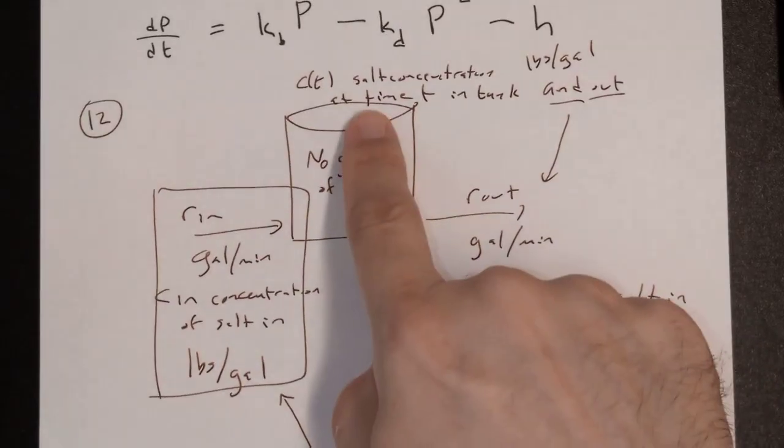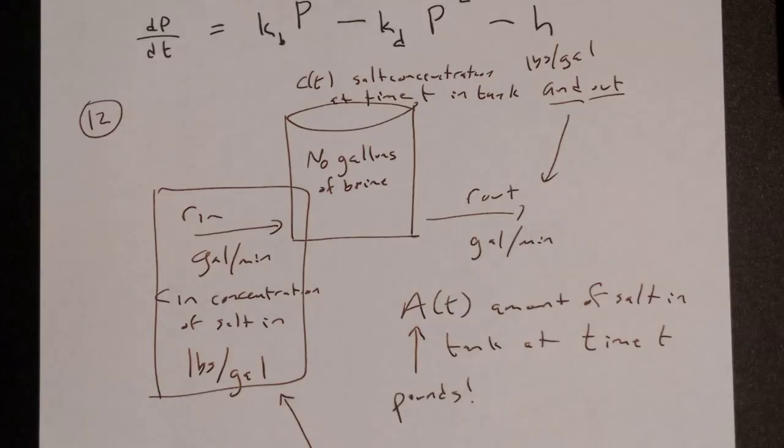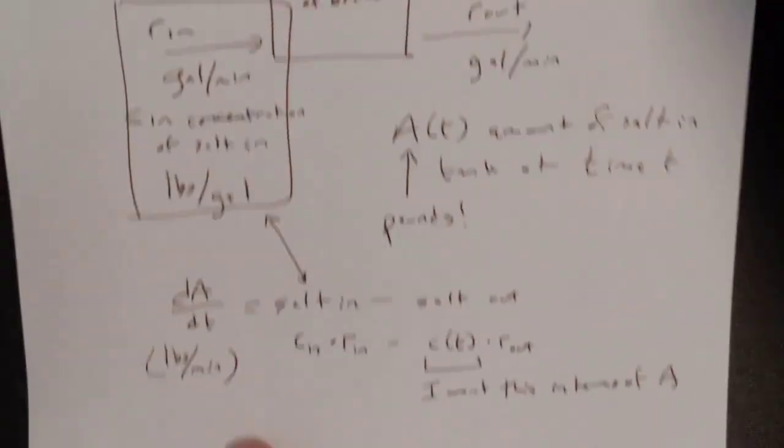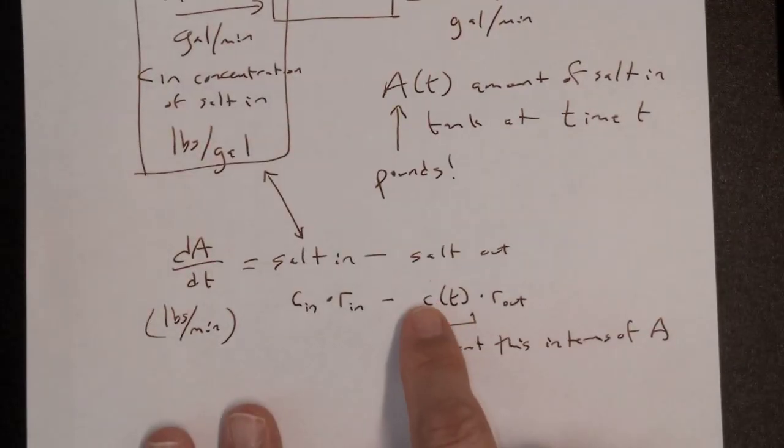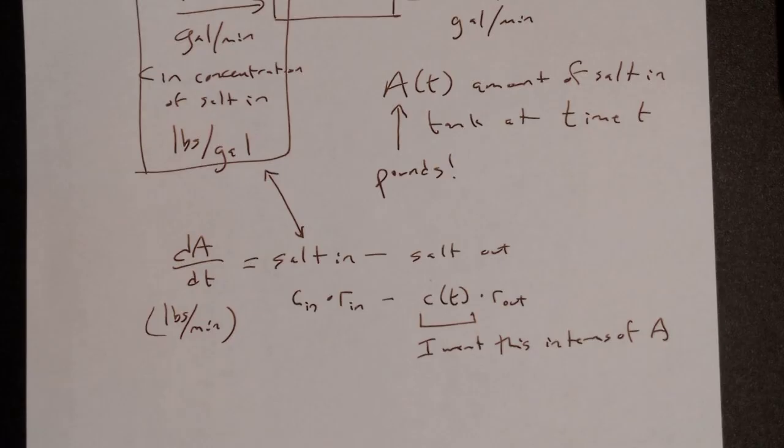C is concentration. That's pounds per gallon. If I multiply by gallons, that gives me pounds. Then my units won't work to get this to be pounds per minute. If this is suddenly in pounds, that's not going to help me because the units don't work out. I still want whatever this thing is to be pounds per gallon.